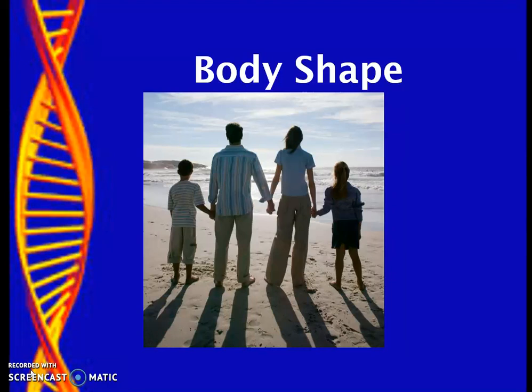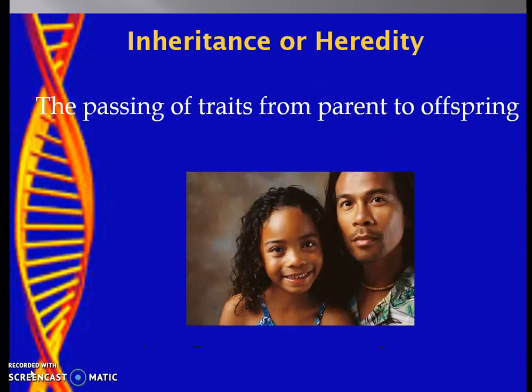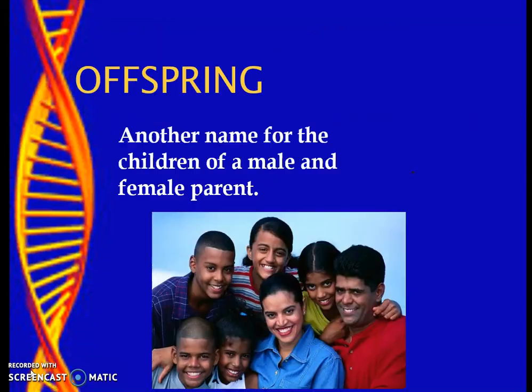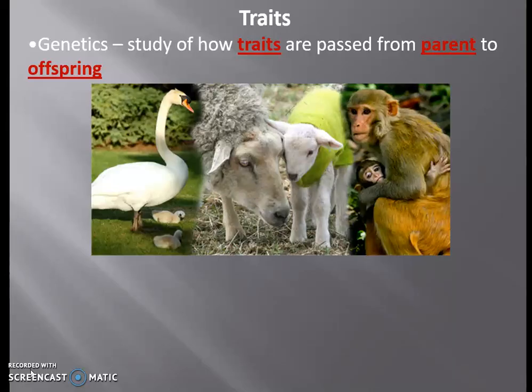It is almost similar in some siblings because they have inherited these features or traits from their parents. So what is inheritance or heredity? It's the passing of traits from the parents to the offspring. I'm going to use the word offspring because offspring is another name for the children of a male and a female parent.